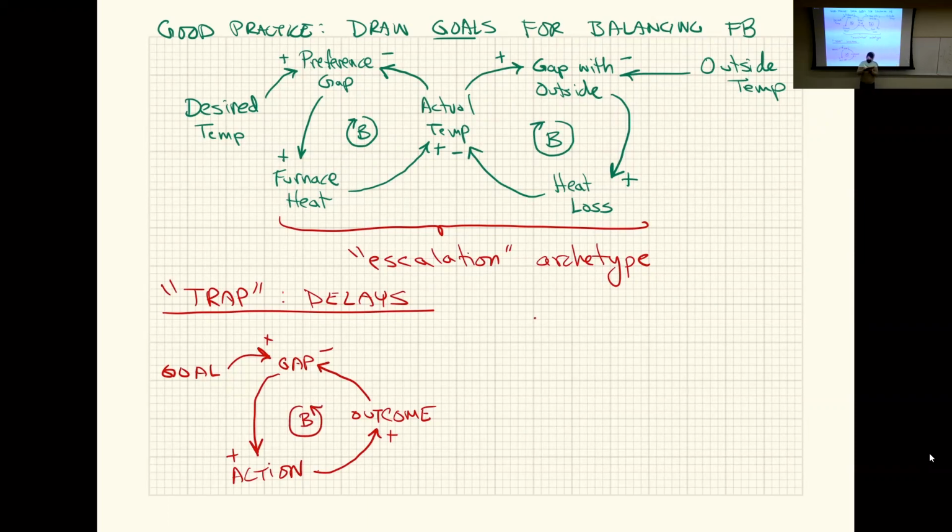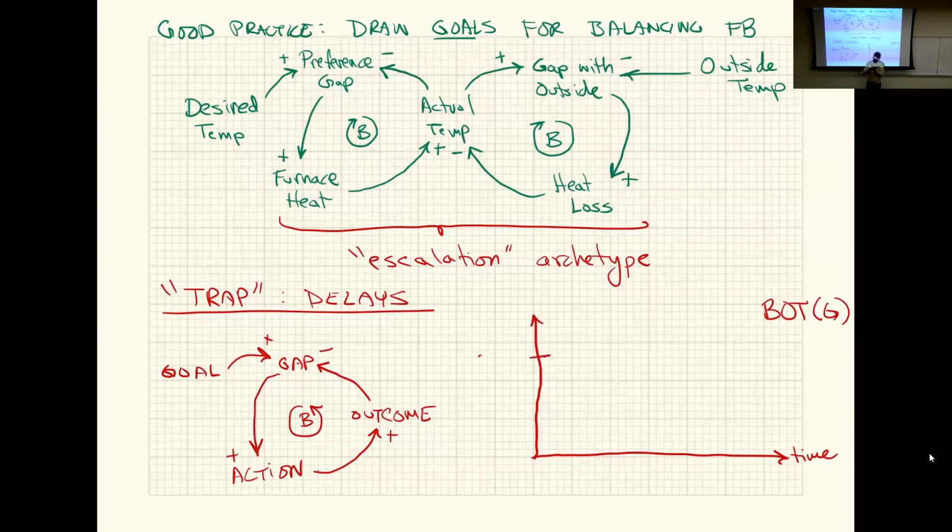So ideally, if we were to draw a behavior over time for this thing, so this is our behavior over time graph, so BOT or BOTG, then our goal, like our desired temperature, we could plot that, it's going to be constant over time.